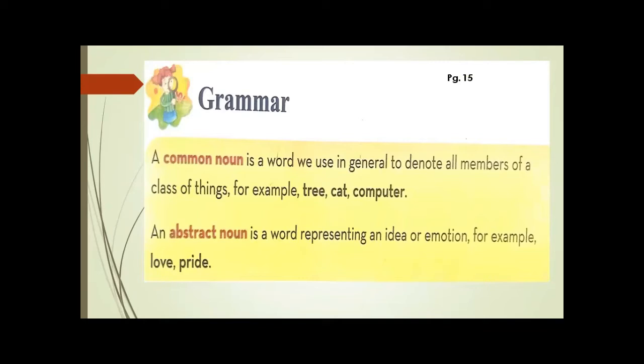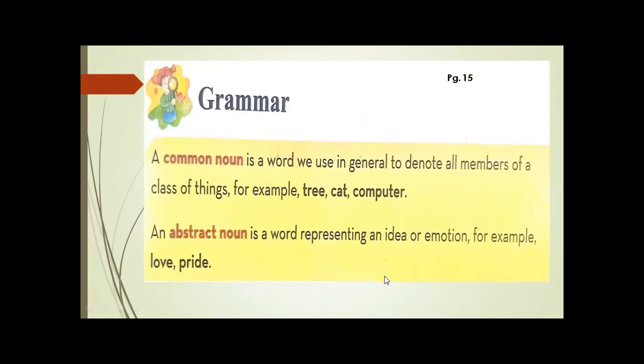Now I'll come to the abstract noun. What is an abstract noun? An abstract noun is a word representing an idea or emotion. For example, love, pride, truth, danger, happiness, luck, hope, wisdom, anger. These are all examples of abstract nouns.